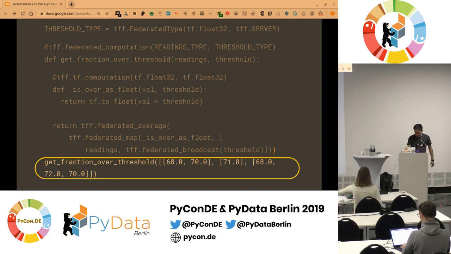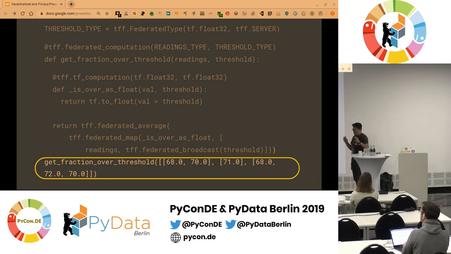But the thing is, all the TFF annotated code generates a deployment, like a serialized representation of the distributed communication protocol: what needs to happen on the client, what needs to happen on the server, how they communicate, how the initial data goes from the server to the client, how computations happen on the client, and what comes back.